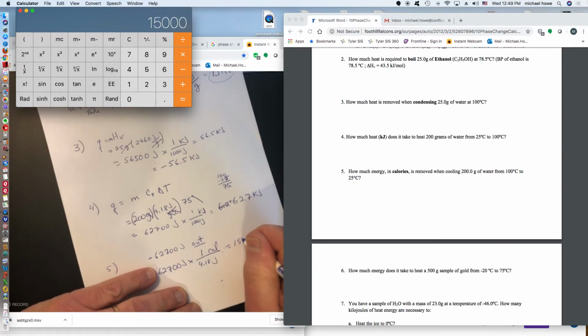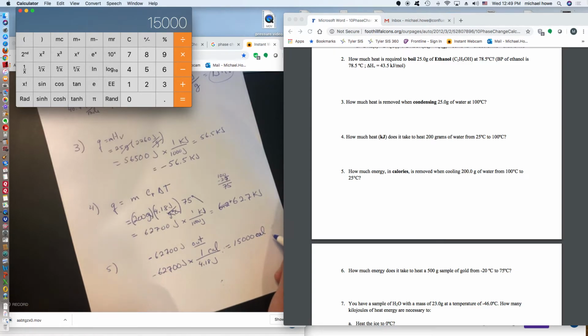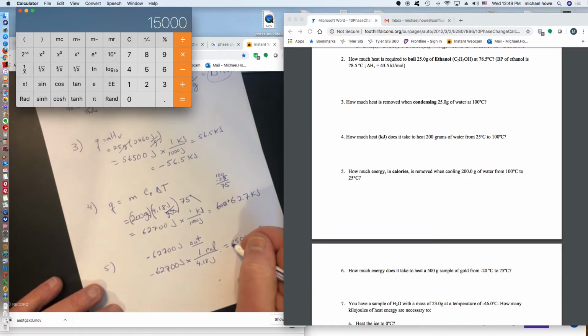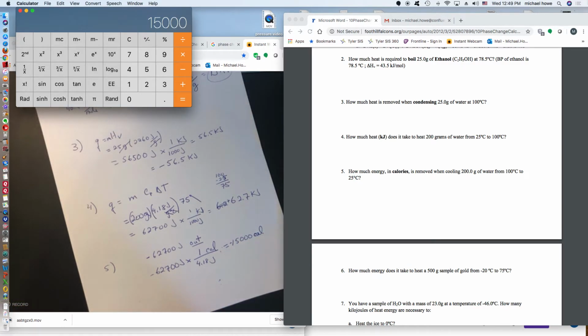So that's 15,000 calories. That's little c calories. Remember, food calories are big C calories, so it's 15 food calories or 15,000 regular calories. And again, that would be energy out, so we put a negative sign in front. I'm not going to be real picky about the negative signs, but I want you to know that negative means energy out and positive means energy in.